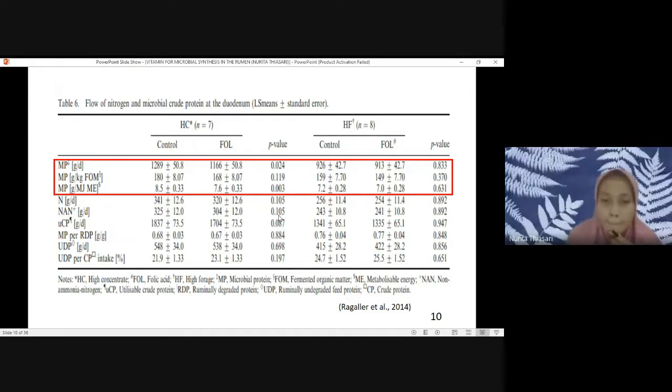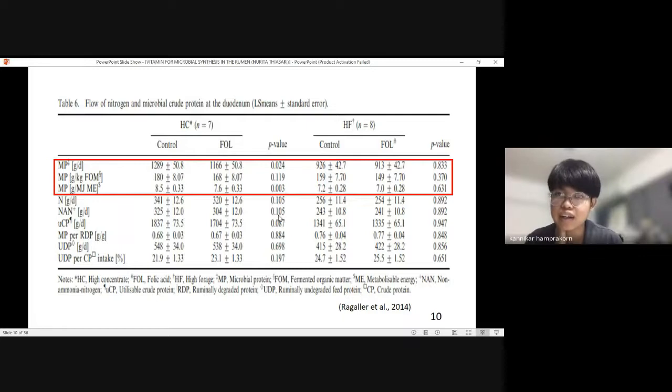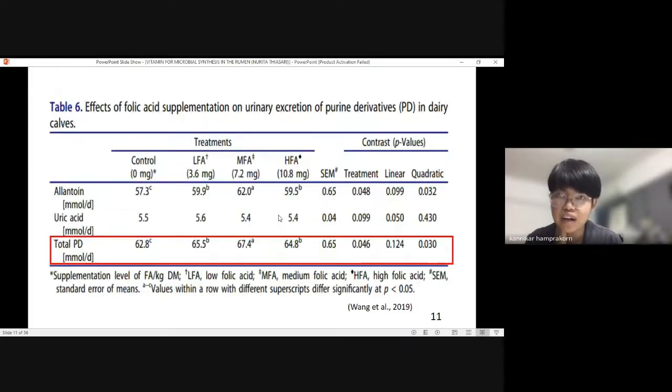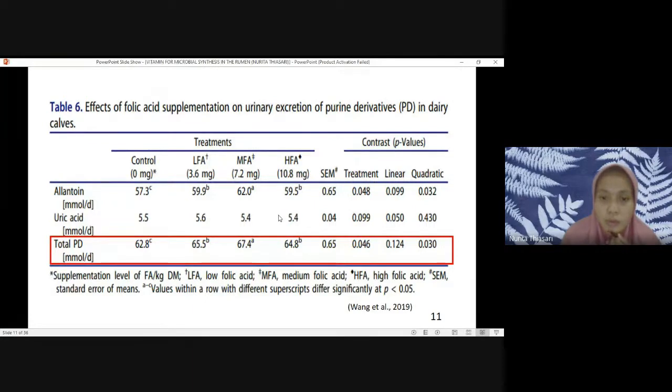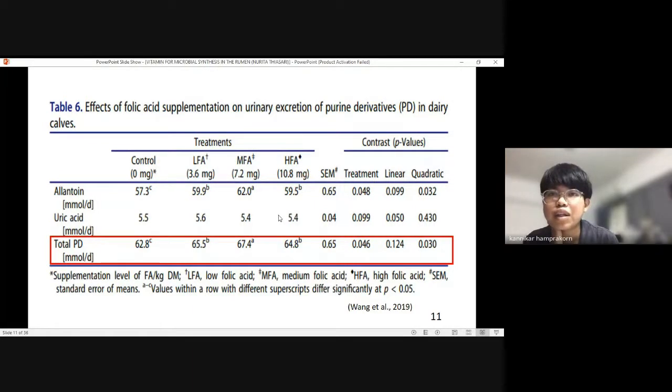Yes, like in slide 11. Could you please explain a little bit why there is a relationship with vitamin supplementation, and why it significantly increases the allantoin?